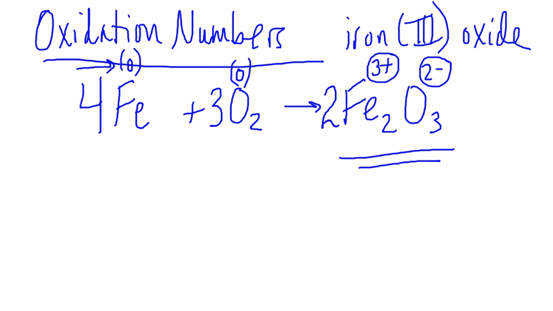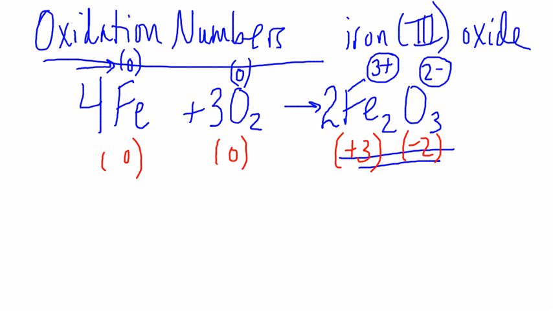Therefore, the oxidation number of the iron is positive 3, and the oxidation number of the oxygen is negative 2. Typically, we write oxidation numbers underneath elements in parentheses. The reason I'm showing iron and oxygen as zeros is because they're both in their elemental state. That's rule number 2. Elements in their elemental state have a 0 oxidation number.